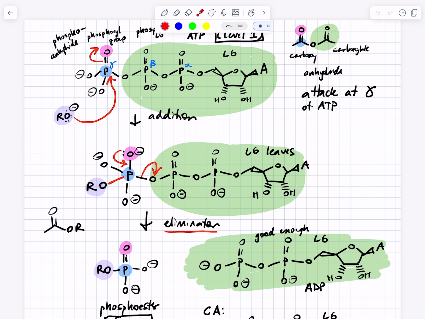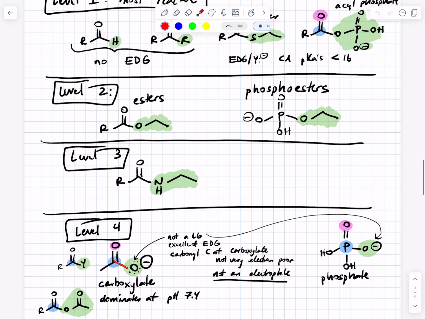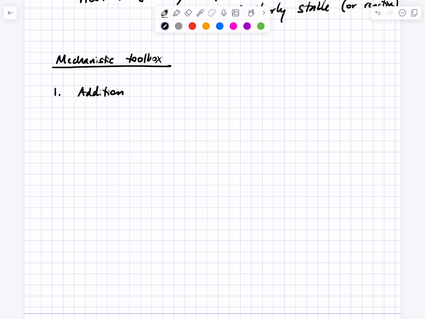There's a couple of other mechanistic steps that need to be in your toolbox for doing reactions. And so we're going to talk about these. We'll talk about them in a generic sense, and then we'll get more specific. Okay? Mechanistic toolbox. Item 1 is addition.